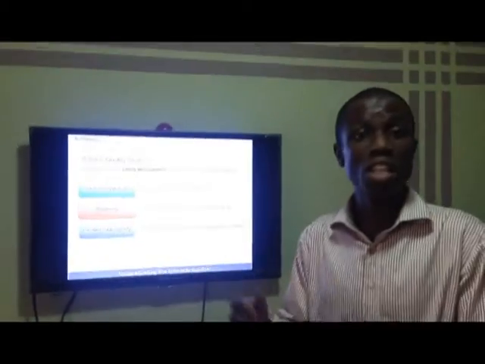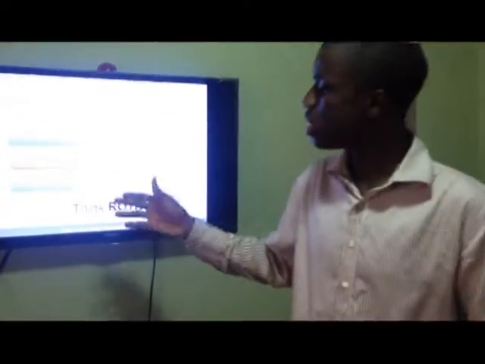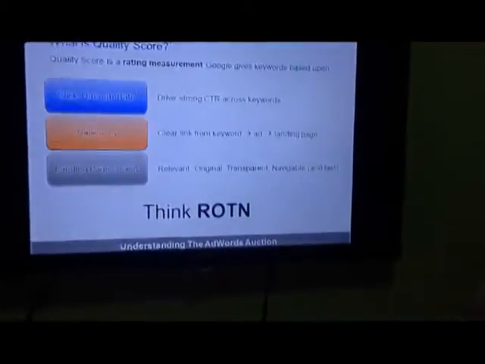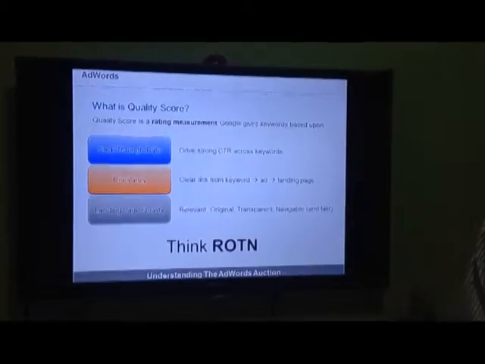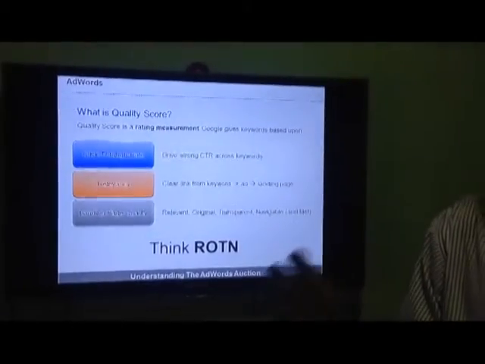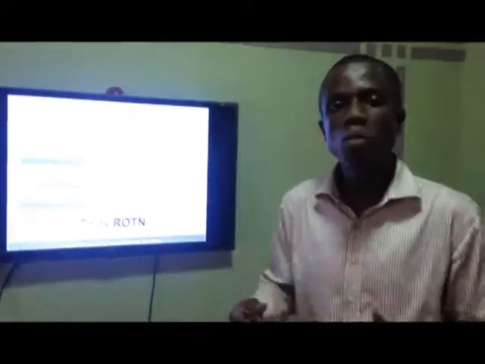Whenever you talk of landing page, you need to get this word: ROTTEN. You need to get this word ROTTEN. ROTTEN is an abbreviation. R is for relevant: how the content is relevant, serving what you are actually talking about. And then we have original. You don't need to be duplicating or copying from different websites.